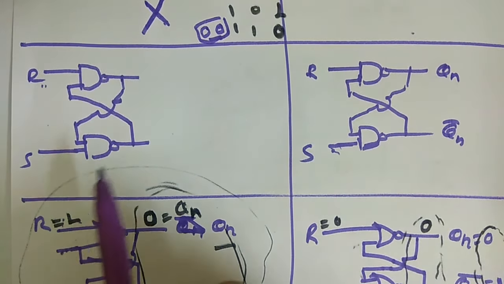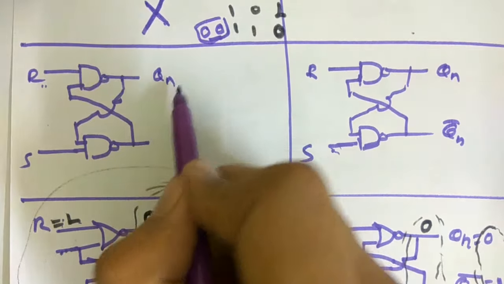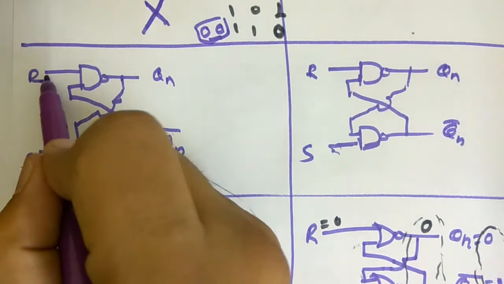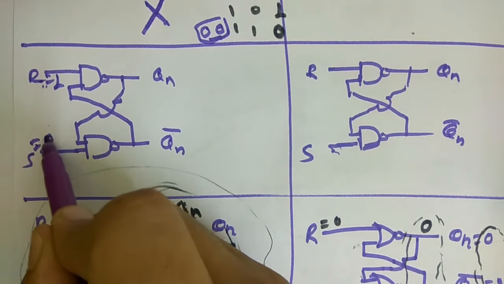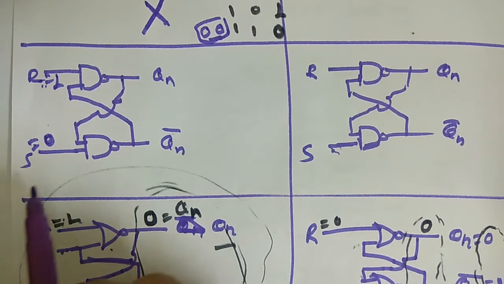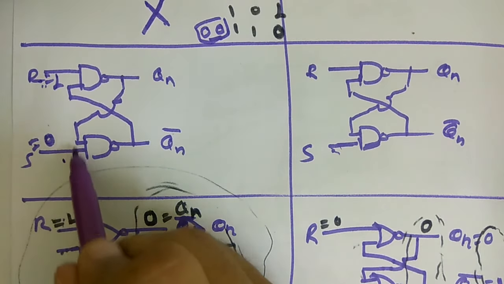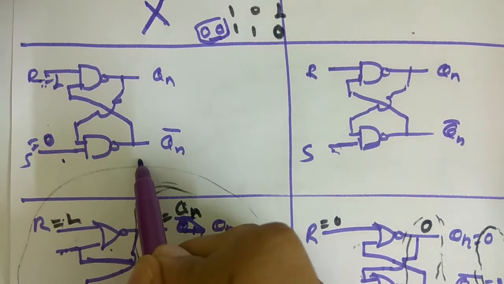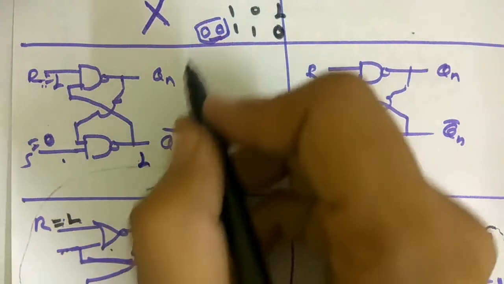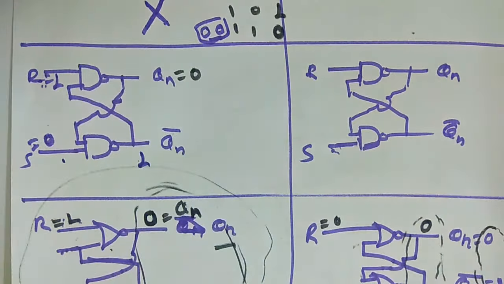So guys, now when R is equal to 1 and S is equal to 0, here we know that the disable input is 0, so this will give output as 1, and this 1 will go there and this will give output as 0.